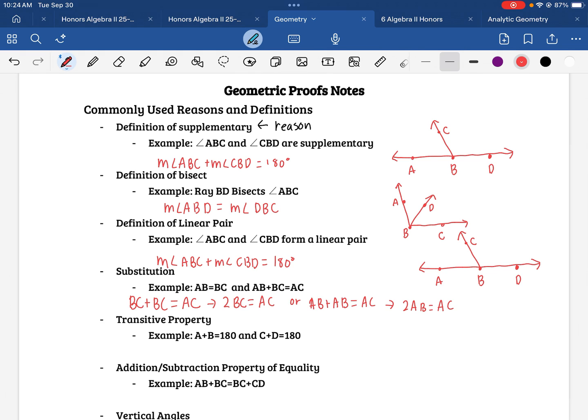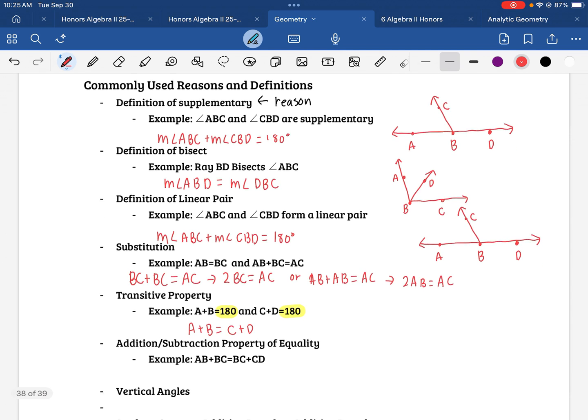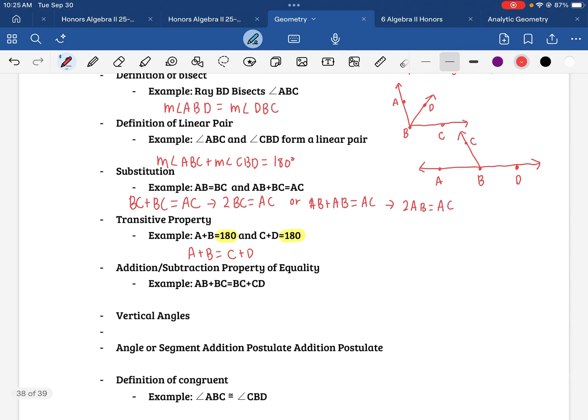All right. The transitive property, we have A plus B equals 180 and C plus D equals 180. What the transitive property means, if we've got two pieces that match, we can bring those together and say that A plus B equals C plus D. Okay.